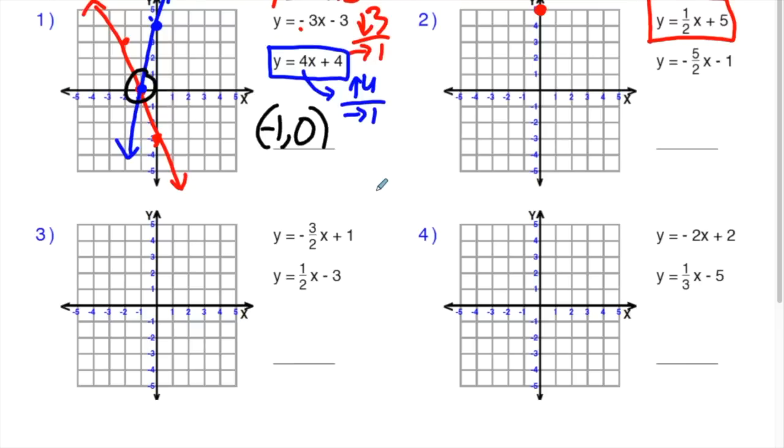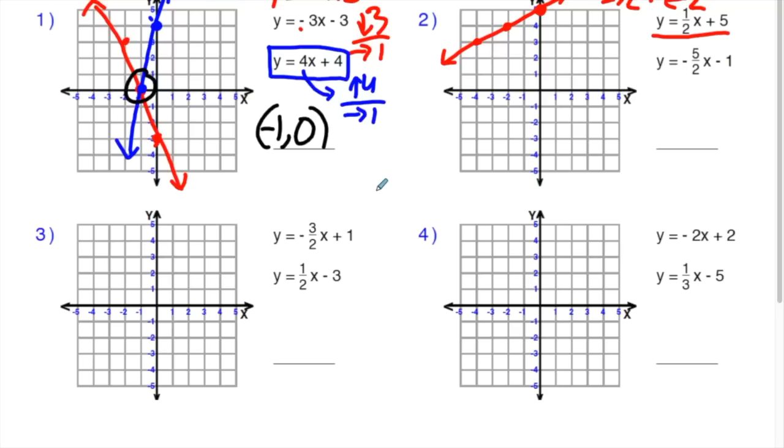Okay? Usually we'd be going up 1, right 2. So instead, again, this is the red one, we need to put our slope in reverse because we can't go up. So we're going to go down 1, which switches the other directions to left 2. Down 1, left 2. Down 1, left 2. And that's it. That's all the room we've got.